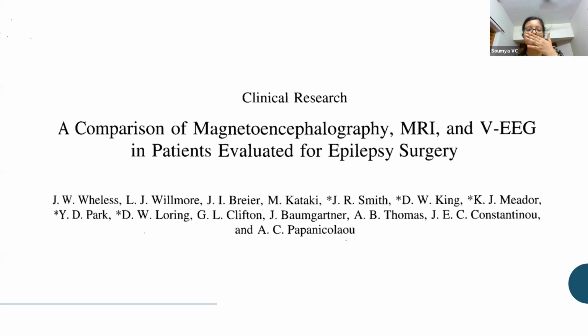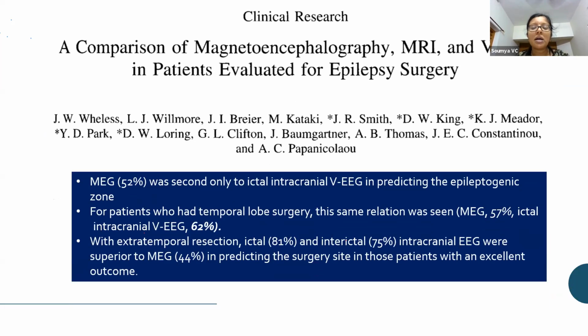So this is a study which has compared the three modalities, that is magnetoencephalography, MRI, and invasive ictal video EEG monitoring, and their ability in correctly predicting the epileptogenic zone and identifying the site to be resected for epilepsy surgery.